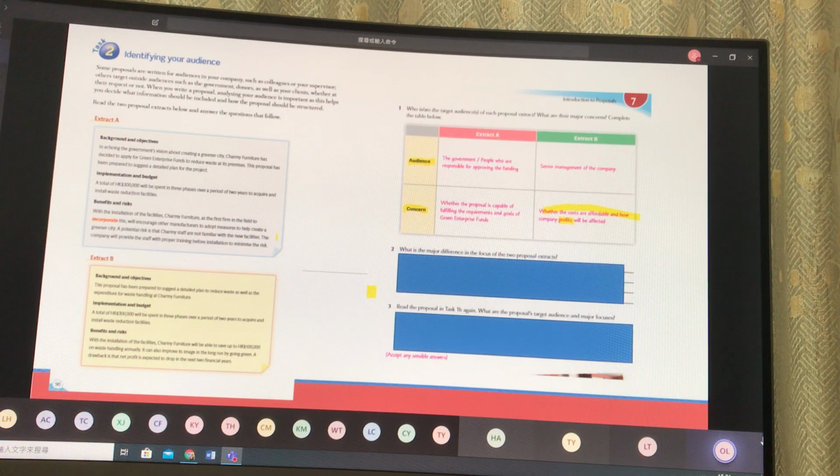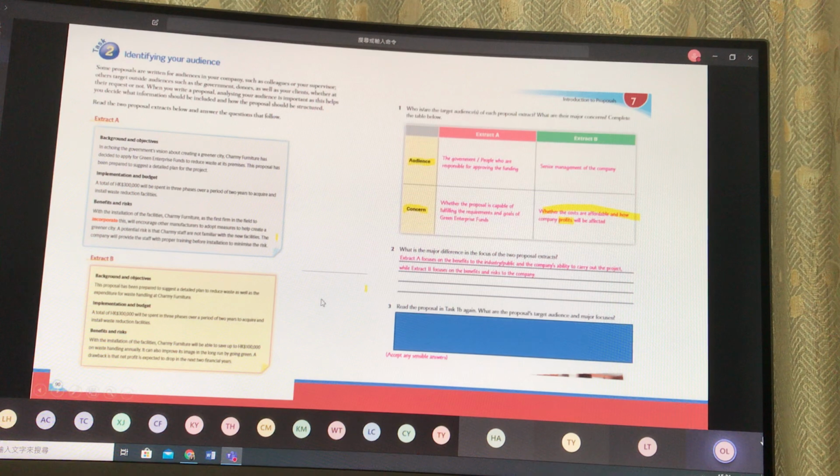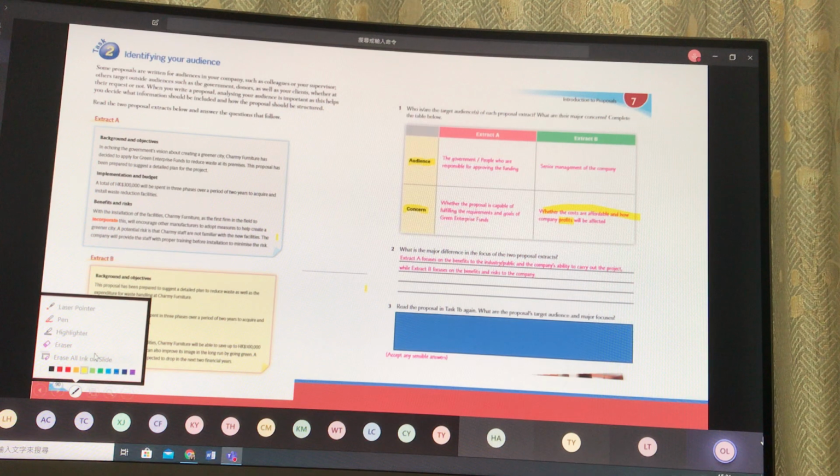Alright, and then what is the major difference in the focus? Extract A focuses on the benefits to the industry and the public, and B is more about the company, right? B focuses on the benefits and risks to the company. We can skip this one down here, so the third one's not that important. Alright, so let's move on.